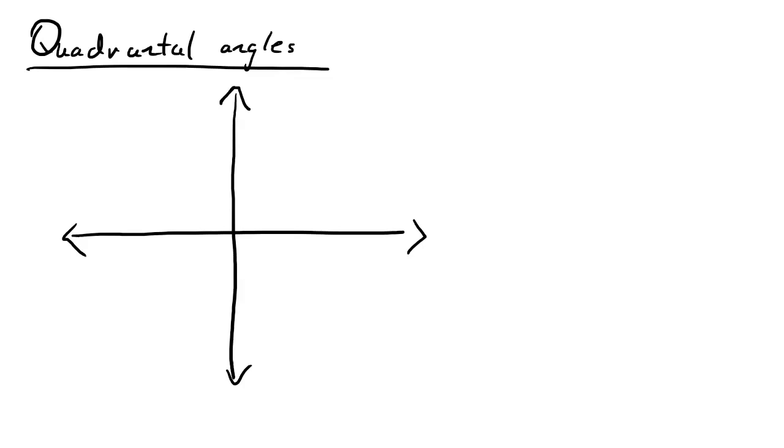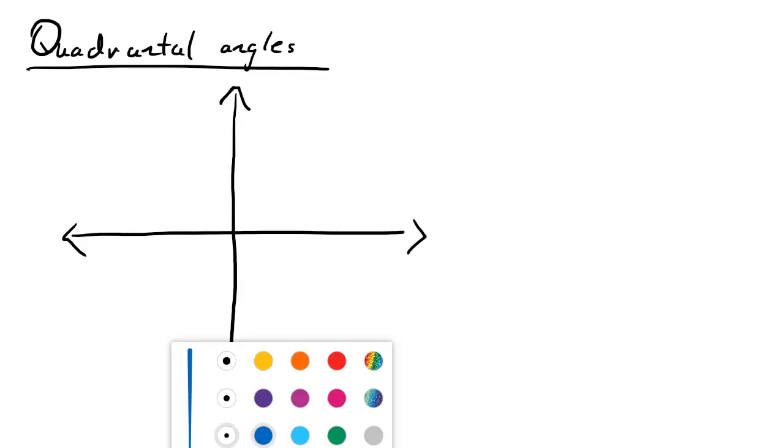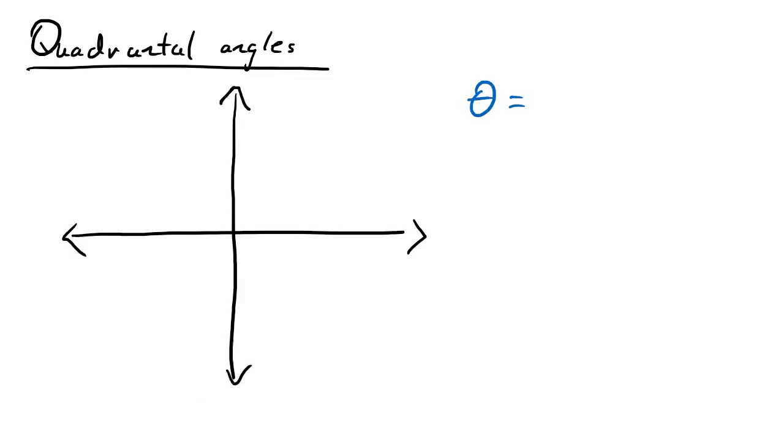Hey class, so I wanted to make a really quick video on quadrantal angles. With quadrantal angles, and really with any angle theta, we can find out how much it's rotated around the xy plane by just dividing it by 2 pi.